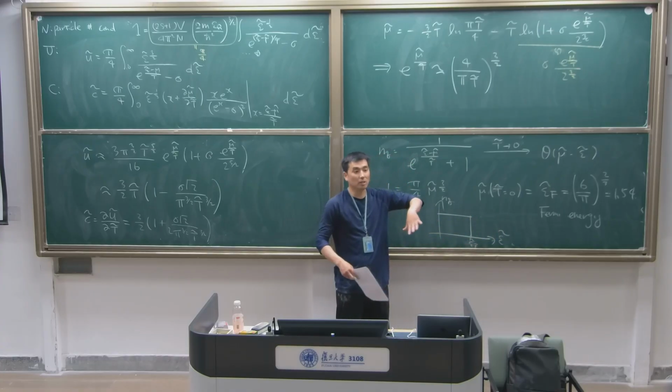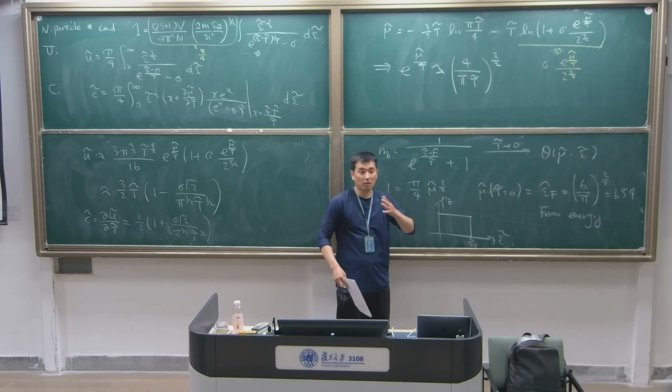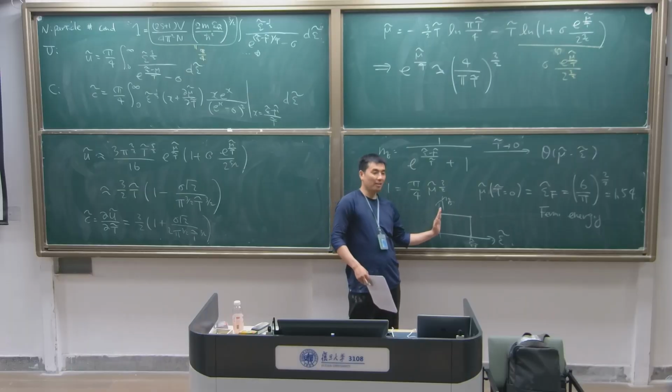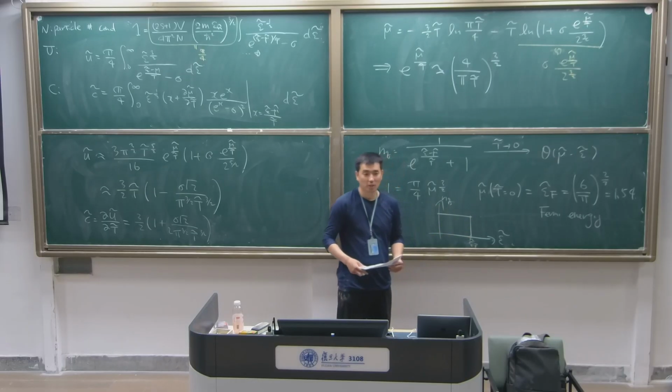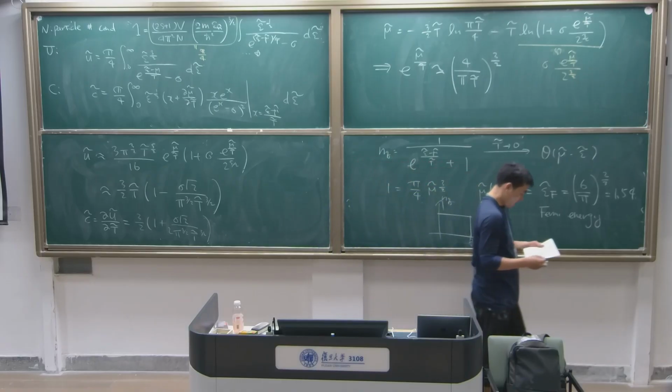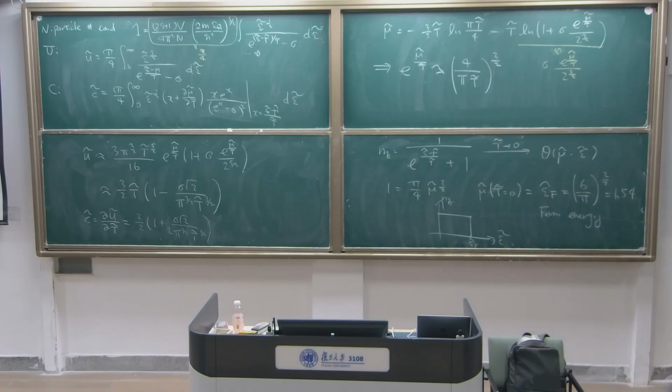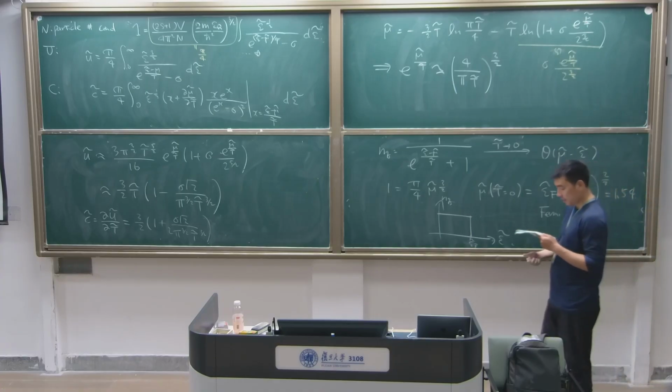Because of the Pauli exclusion principle, fermions cannot take the same state, so they occupy from low energy up to the Fermi energy. From here we derive many things.